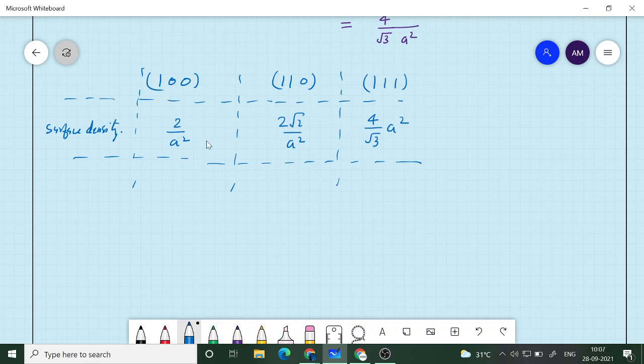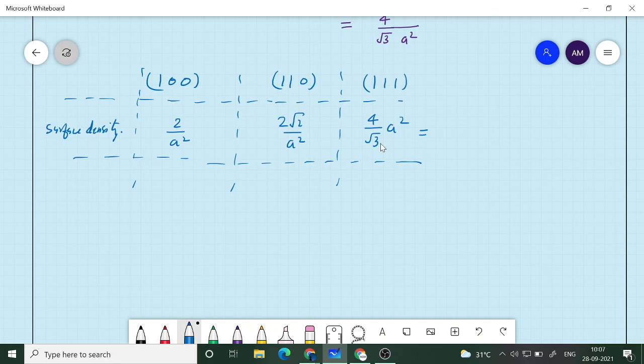But what about comparison with the 1 1 1? So 4 by root 3 we need to know. The square root of 3 is basically 1.73, so let me just write it as 4 divided by that.